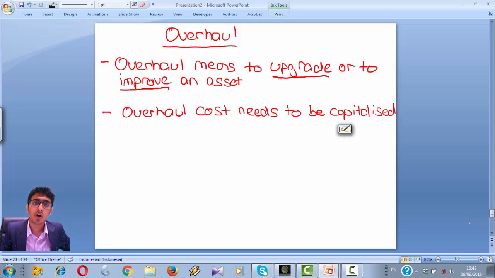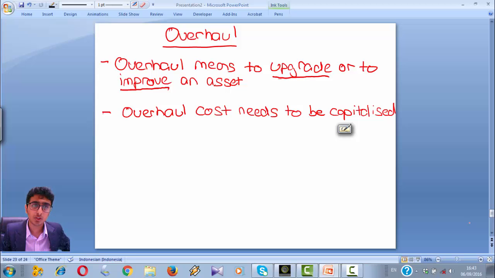Overhaul is also very common in the aircraft industry. Why? Because usually after a few years, a machine or an engine will need to be upgraded in order to improve the asset. Usually, we will incur overhaul costs after a few years, maybe after 4 or 5 years, when we have to upgrade it to ensure that it brings better productivity or capacity to our asset.